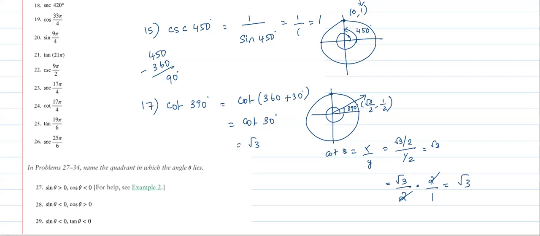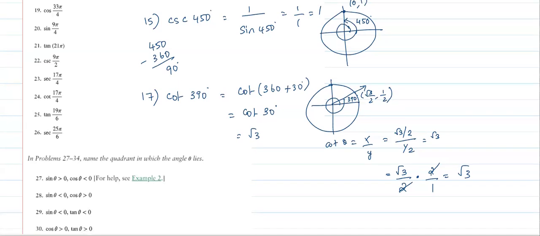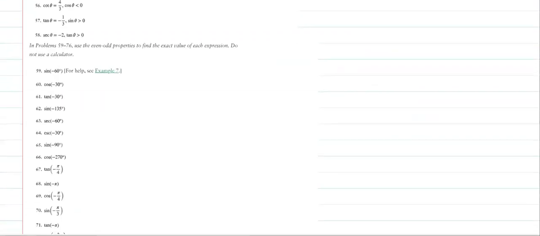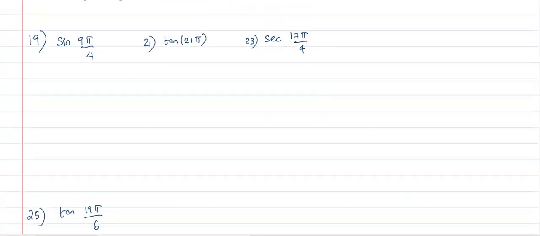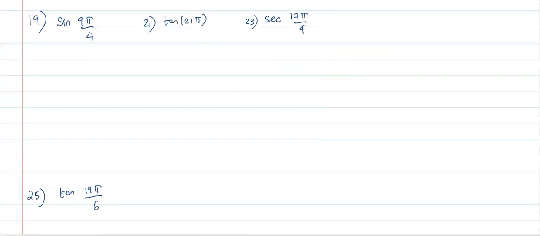And question number 23 is secant 17 pi over 4. And then question number 25 is tangent 19 pi over 6. Okay, so now let's move down so that you can see this. Okay, so these are our questions.